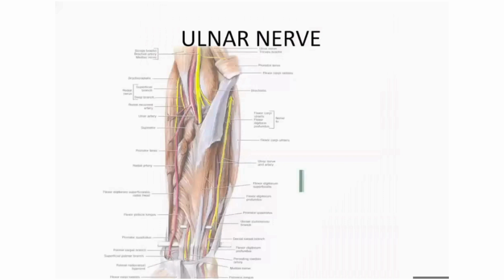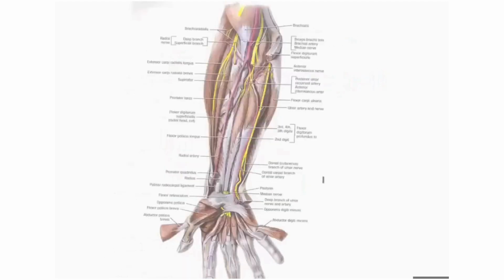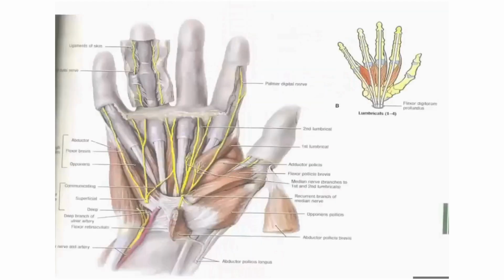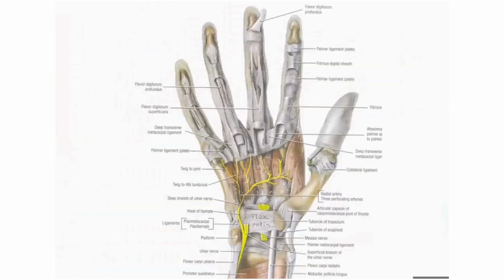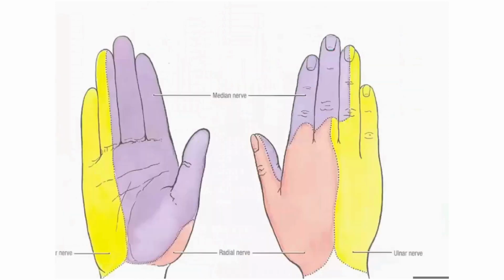Ulnar nerve enters between two heads of flexor carpi ulnaris. What you should remember is, I'll tell you. Ulnar nerve distribution: this is palmar aspect, this is the dorsal aspect.